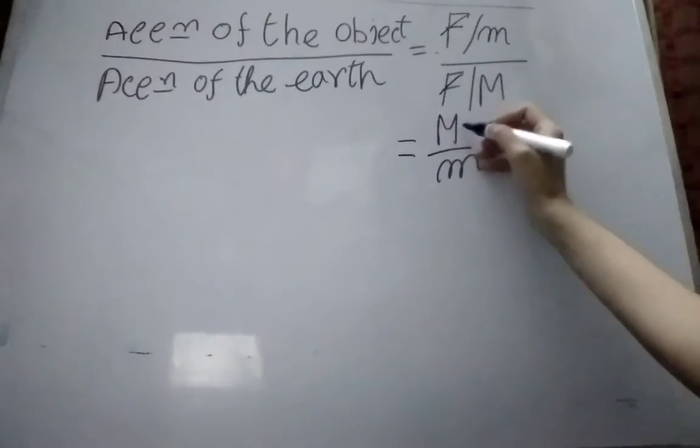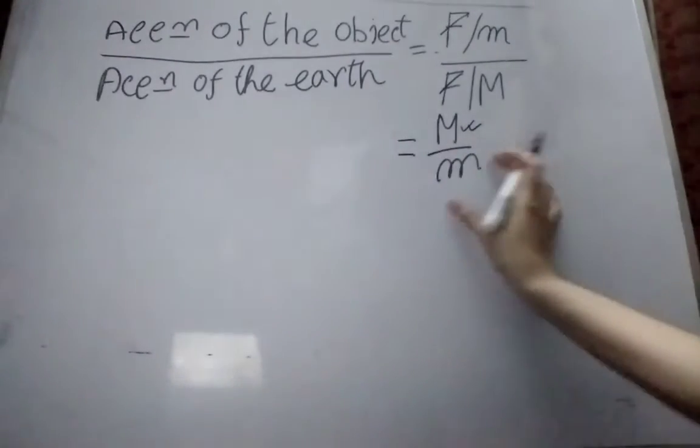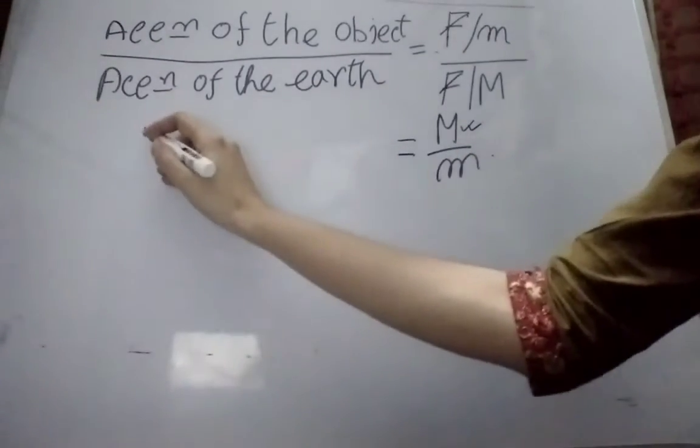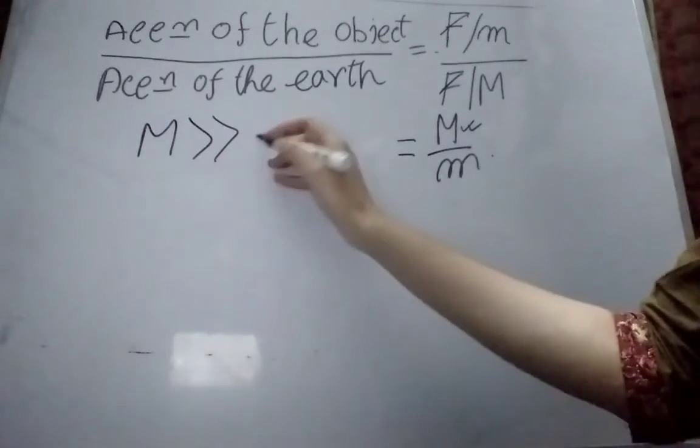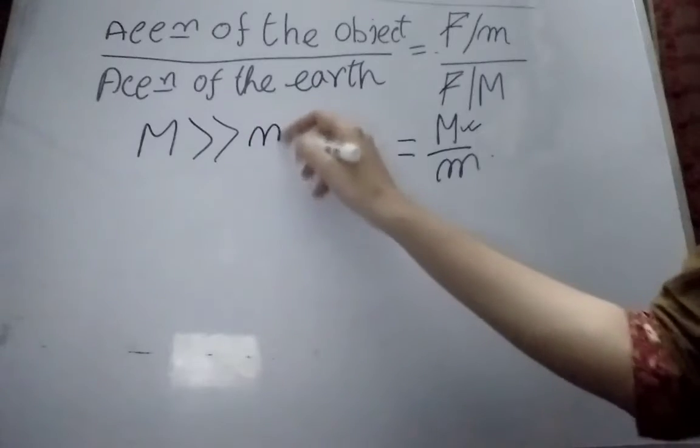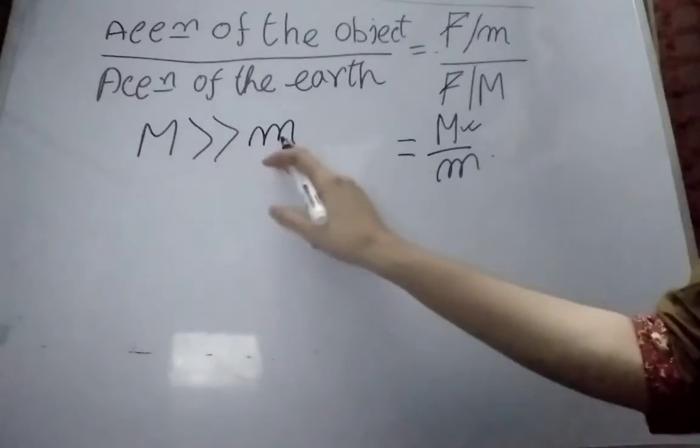Now this is the mass of the earth and this is the mass of any object. We know that the mass of the earth, capital M, is very much greater than the mass of any other object, small m.